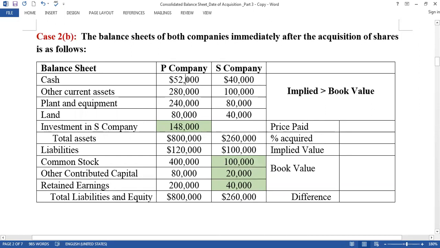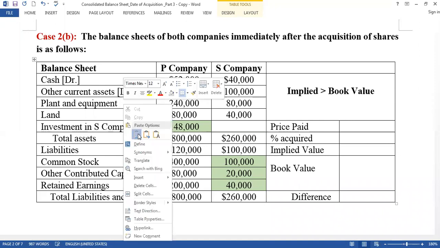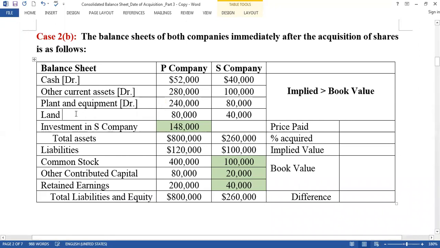So this is the asset, and you know that the asset's normal balance is debit. Although we don't have any debit and credit column here, you should know this: cash is an asset with normal balance debit, other assets normal balance debit, plant and equipment normal balance debit, land normal balance debit, then investment, we already recorded on the debit side.